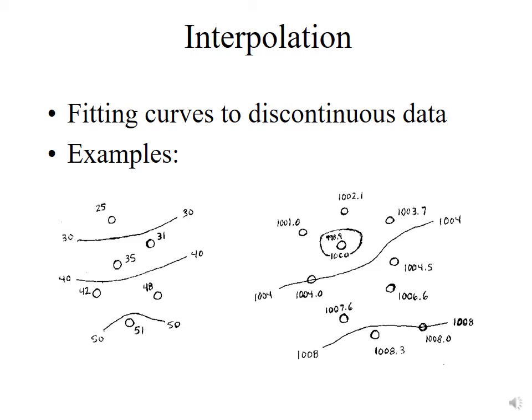We also have a 1004 contour. We're linearly interpolating between, say, the 1003.7 and the 1004.5, but it will pass directly through the data point that is 1004 hectopascals. So that contour line has to pass directly through the value that is equal to what that contour line represents.